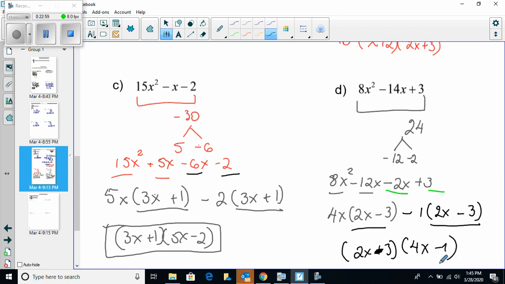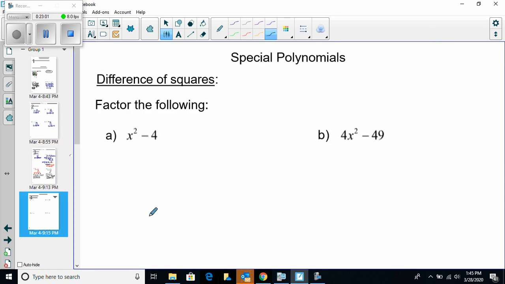Okay. The last slide is dealing with special polynomials. What you have to keep in mind in this case is you have to see if each of those terms is a perfect square, and if it is subtracting. If it is adding, then you cannot do anything with it. But if it is subtracting, then yes, you can.